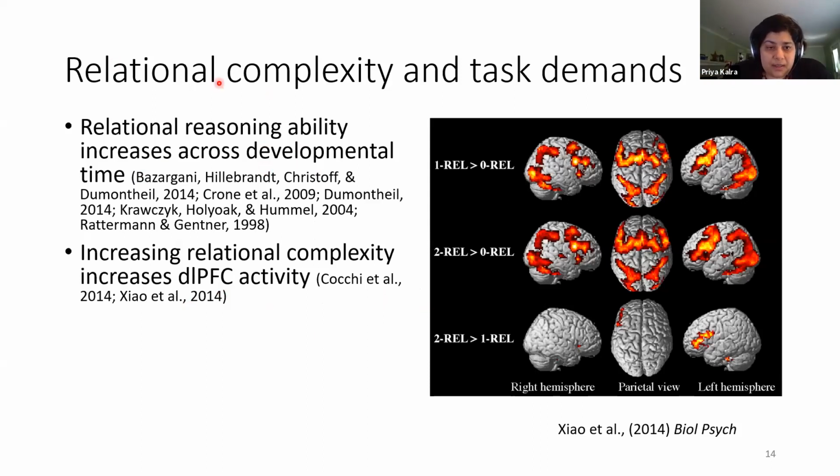Where using a relational complexity metric very similar to Halford's definition, they compare people doing a 0 relational task to a 1 or unary relation task. Well, and here comparing a 2-level, more relationally complex task to a non-relational task, basically.